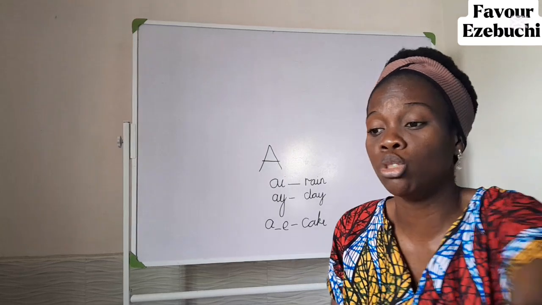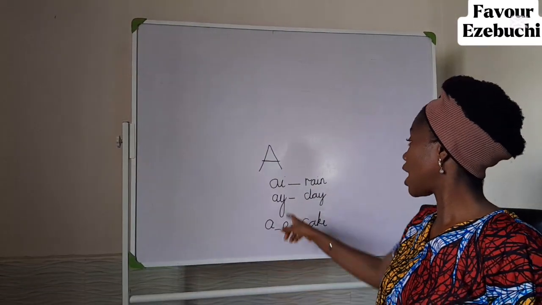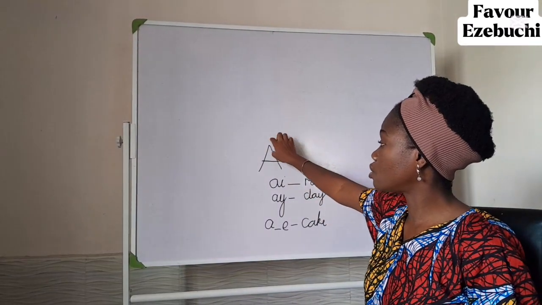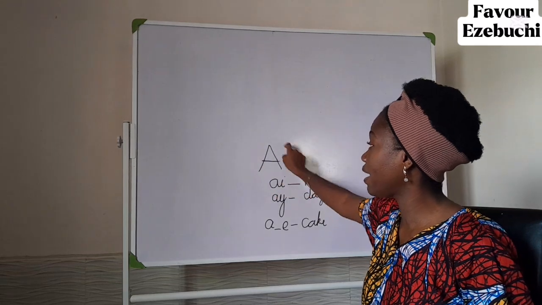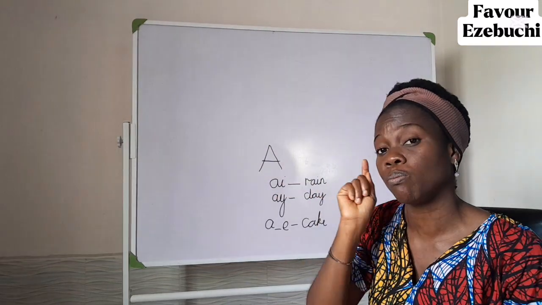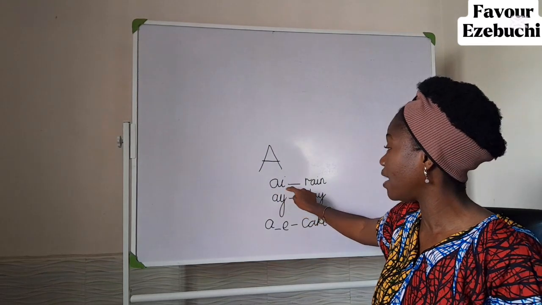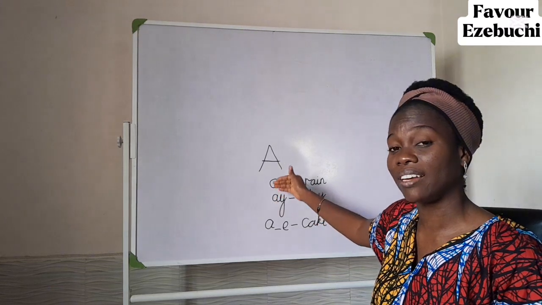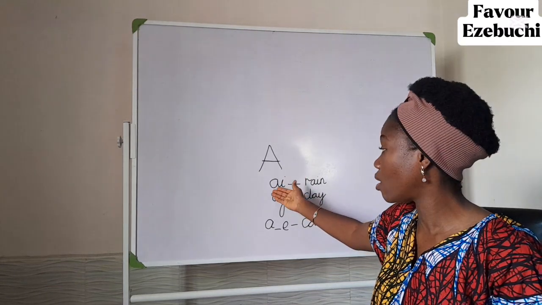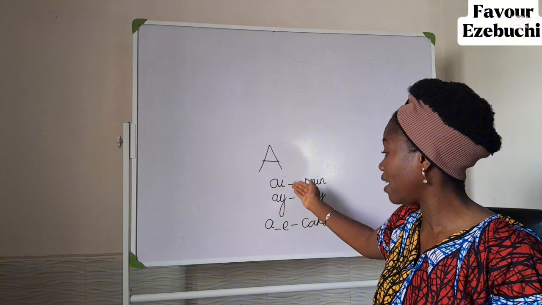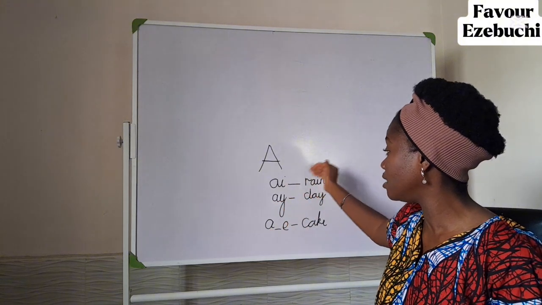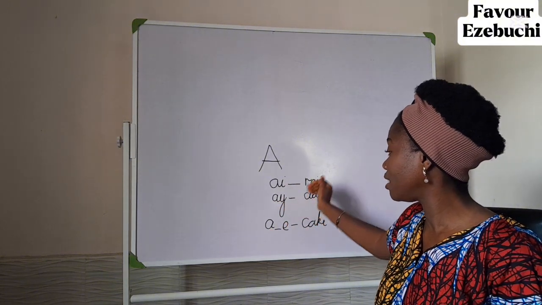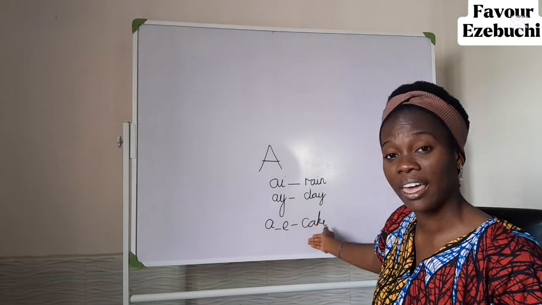That's the reason you do not show the child or teach the child to make this as A. Your child should be able to blend to read A and E forming the A sound, like rain, clay, cake.